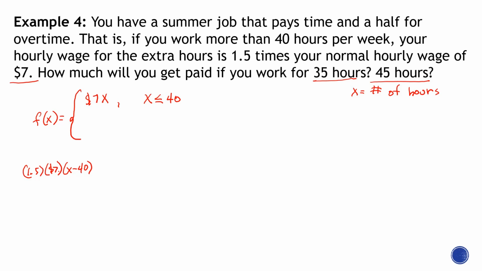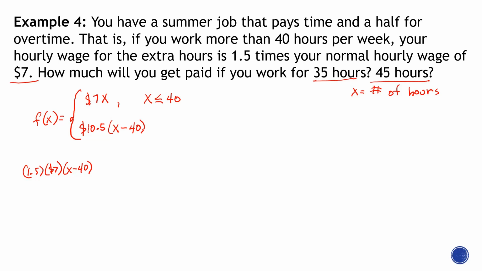The reason why I'm writing all the information there is because we need to simplify that. So 1.5 times 7 is equal to 10.5. So now the hourly wage after 40 hours, or the overtime pay, is going to be 10.50 times x minus 40.